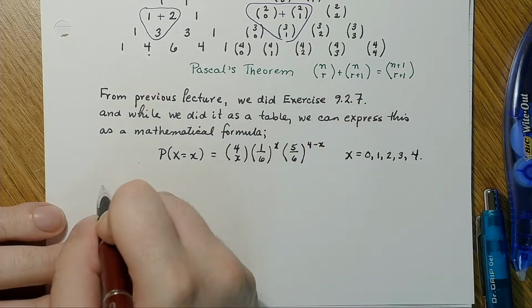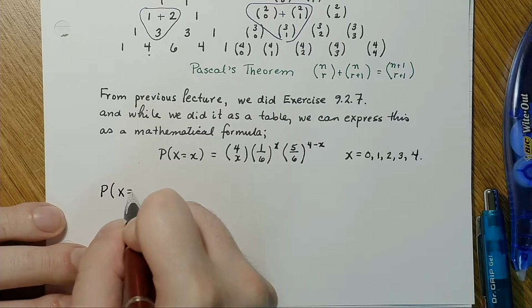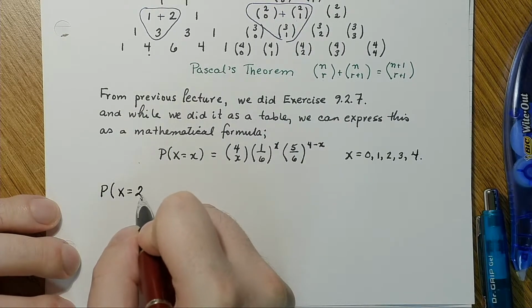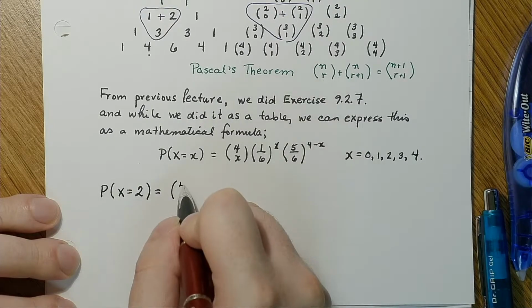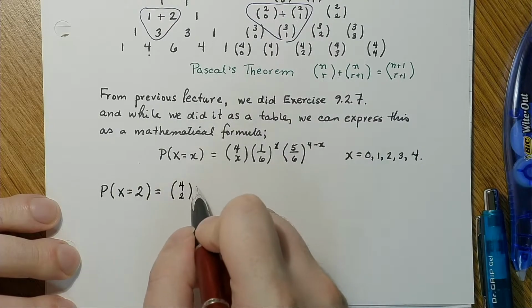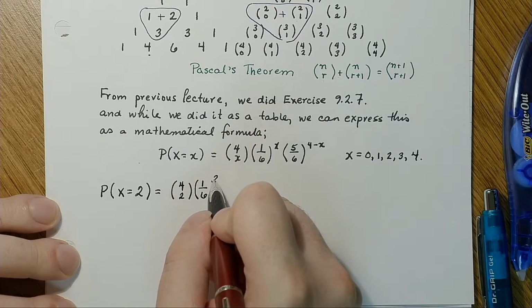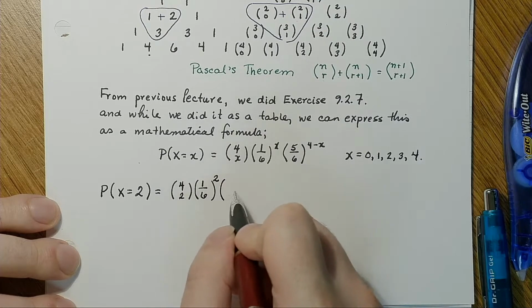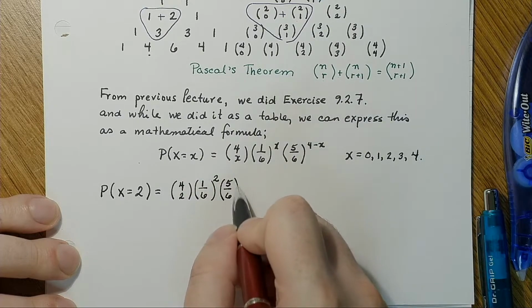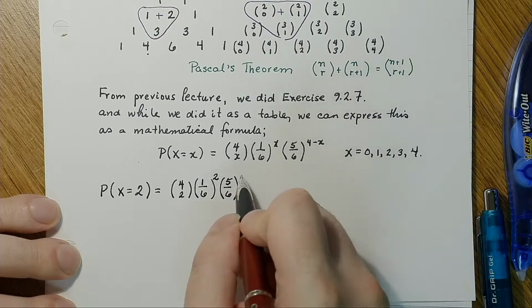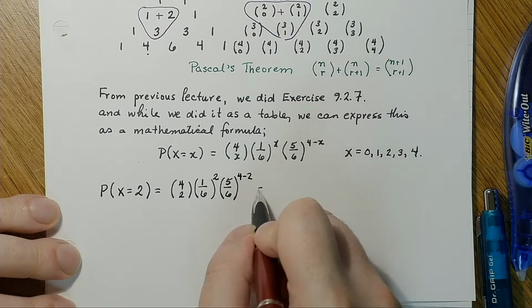So if you wanted to plug it in, say x equals 2, well, that would be 4 choose 2, 1/6 squared, and then you would have 5/6, and over here you would have 4 minus 2.